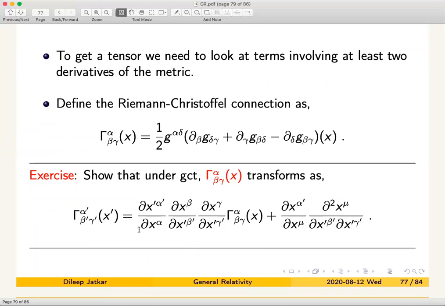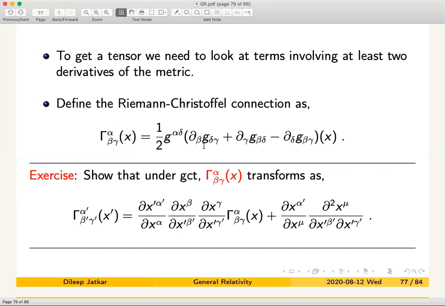Now the advantage of using this definition is that gamma alpha beta gamma, which is what we'll call the Riemann principal connection, is defined completely in terms of the metric defined on the space.